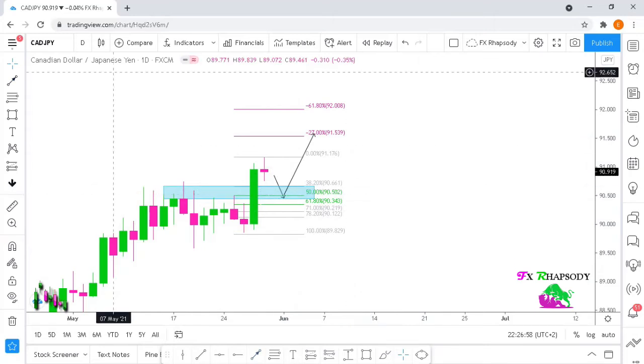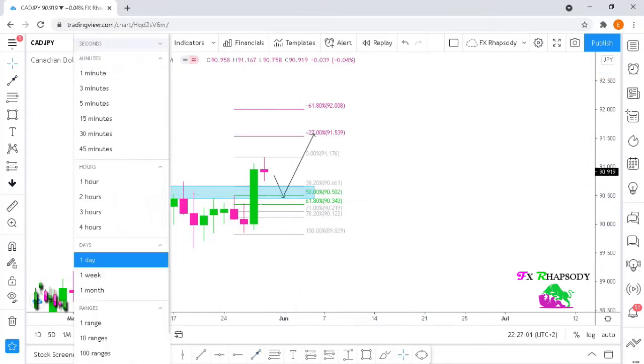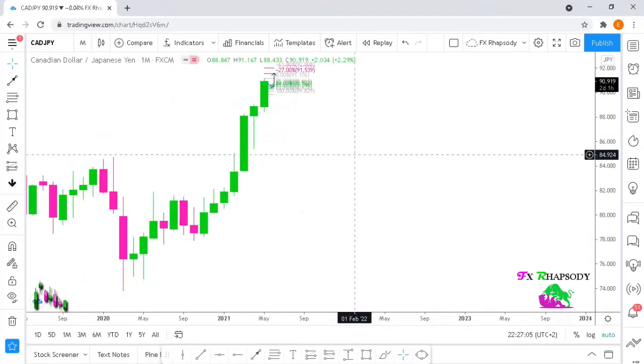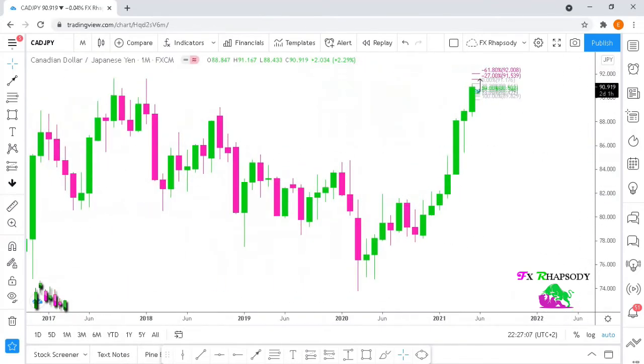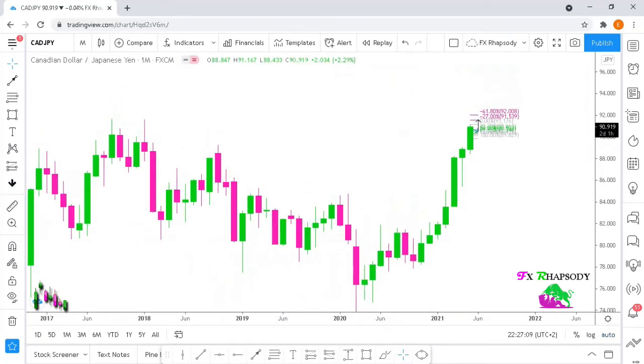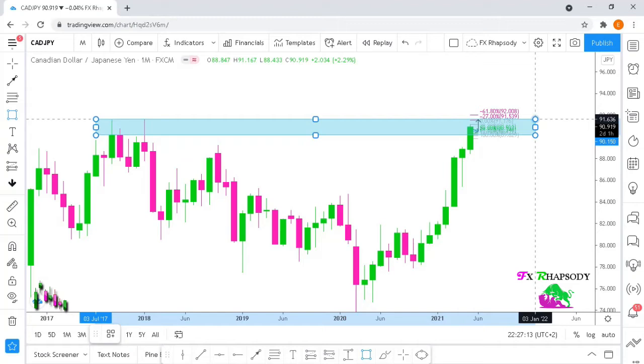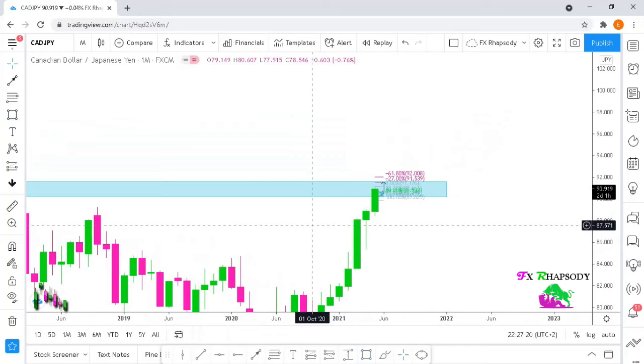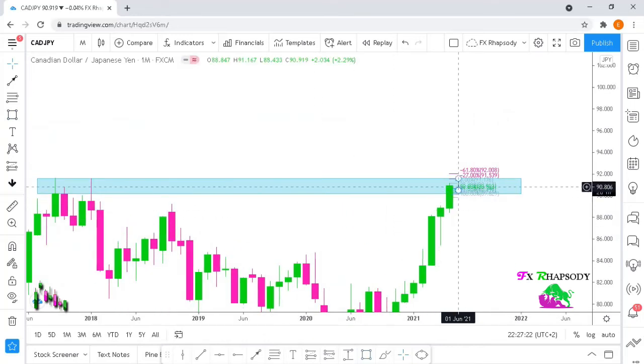And also bear in mind, guys, let's just go back to the monthly time frame, and let me just draw this quickly again. Sorry, I just took this out. The supply zone over here: if the month closes within the zone, don't just think price is going to fall down.